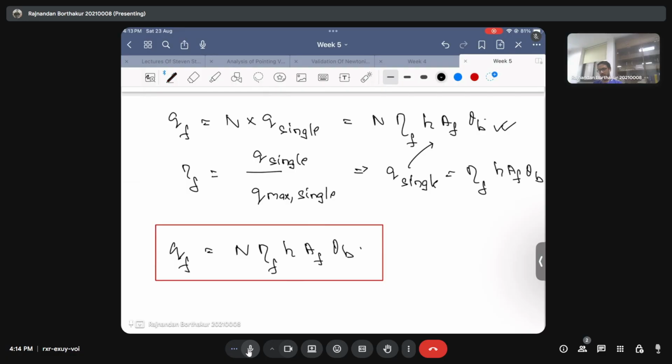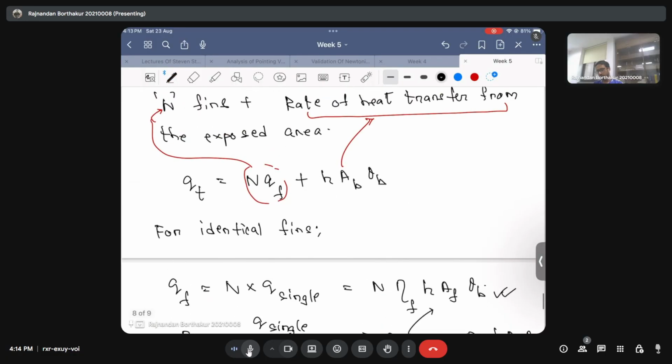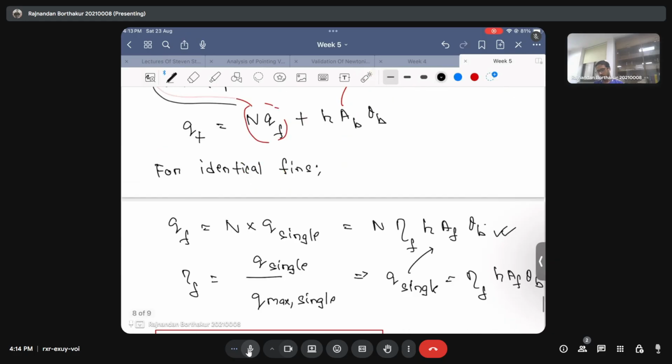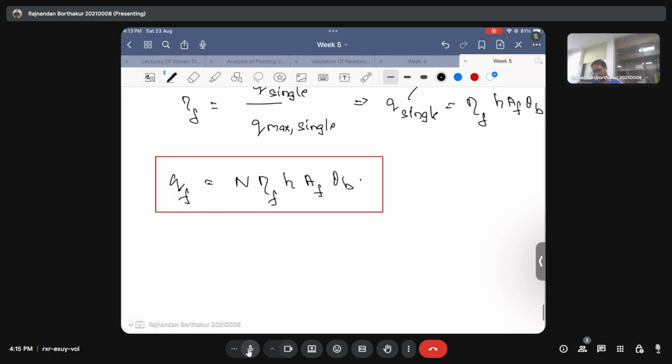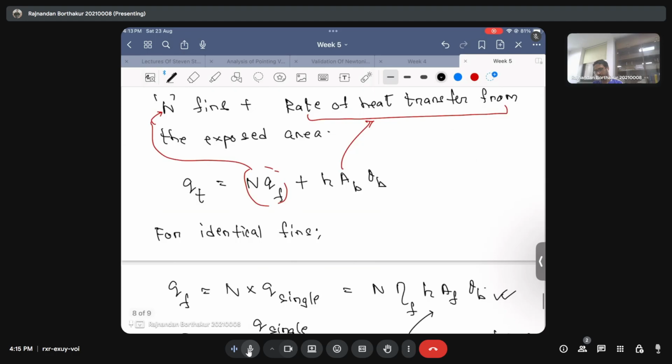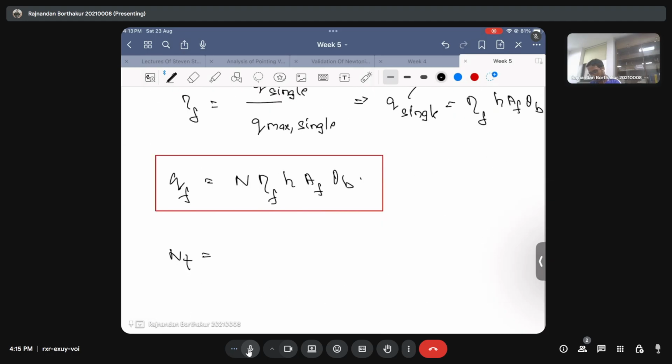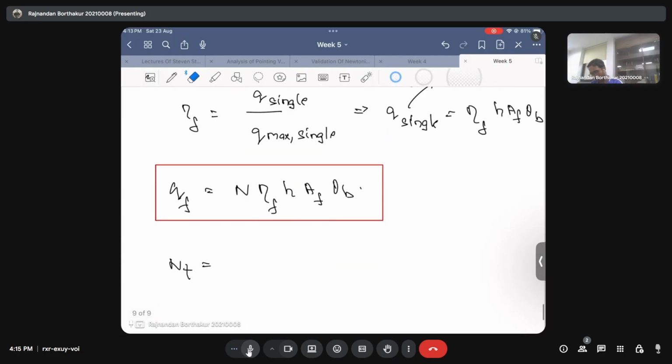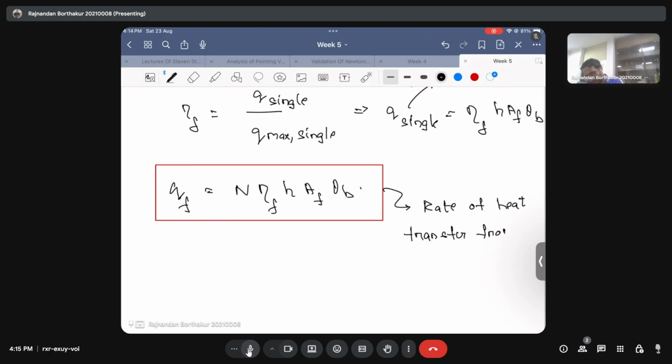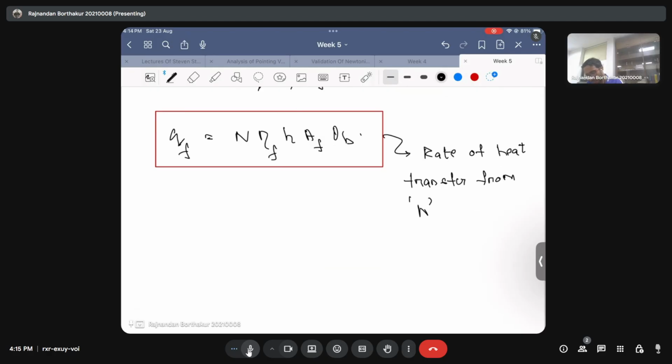Now we just need to substitute this Qf into this Qt. I hope you understand that this is the rate of heat transfer from n fins.